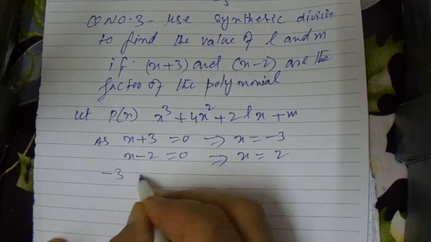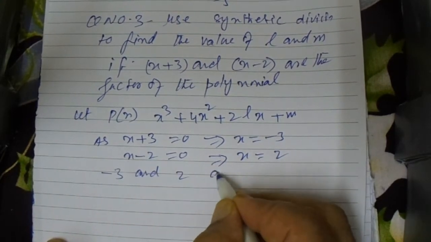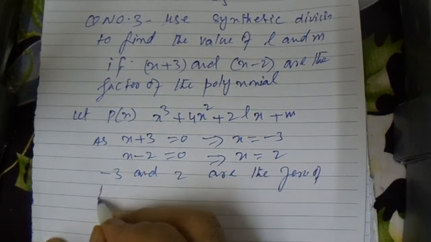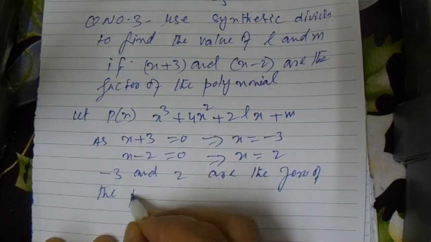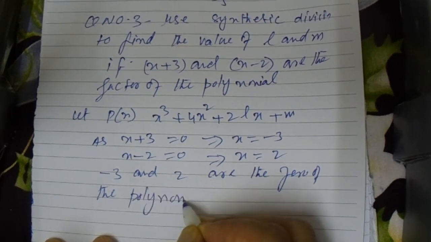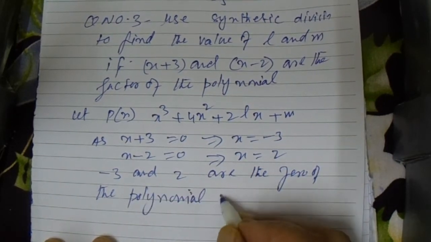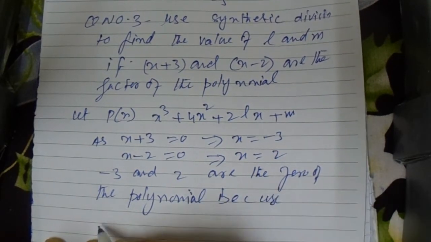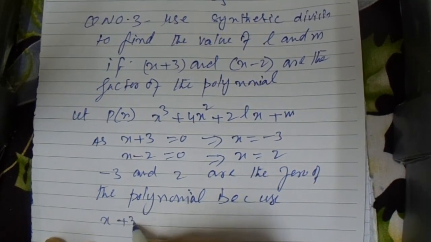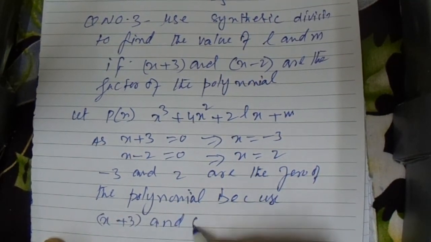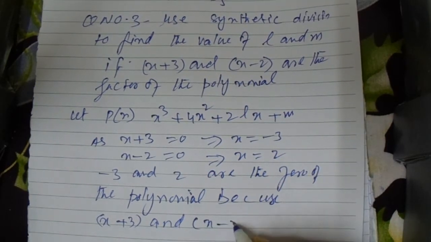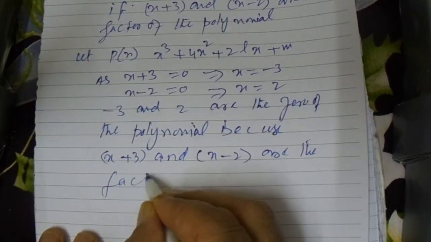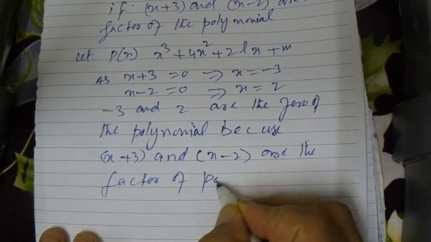As minus 3 and 2 are zeros of the polynomial, because x plus 3 and x minus 2 are factors of the polynomial.